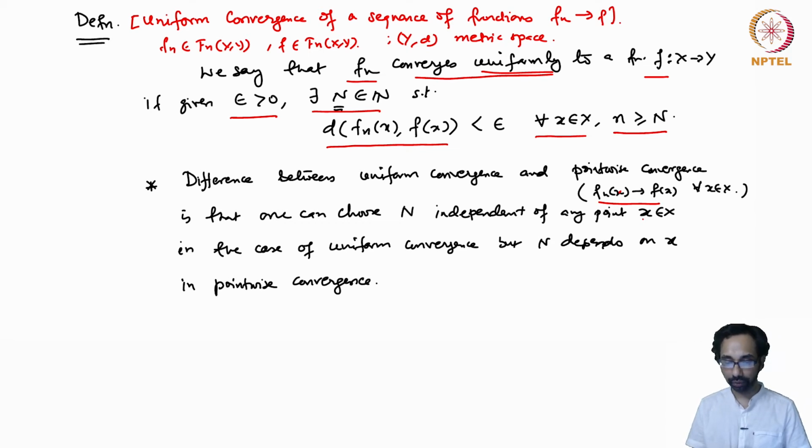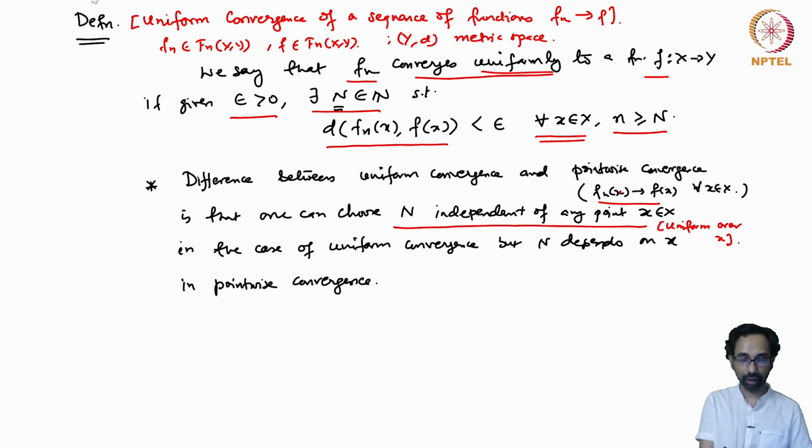However, for the uniform convergence, this capital N works for all x in X. So this condition holds for all x with the same N, and this is the part that I wrote here, that N is independent of any point x, and in other terminology we say that it is uniform over X. So this is the reason why it is called uniform convergence.